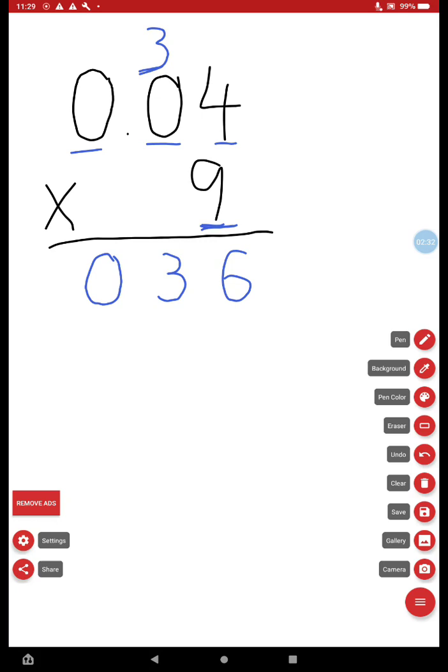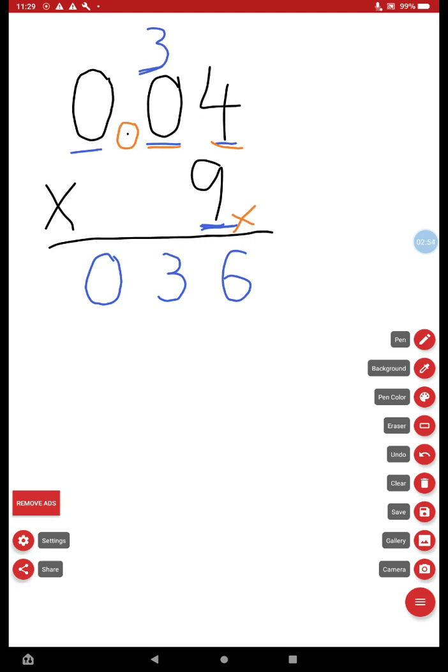Does 9 have a decimal point? No, there's no decimal point there, even though it really would be right after the 9. Does the top number have a decimal point? Yes, it does. How many numbers are to the right of the decimal point? Let's count them up. 1, 2.